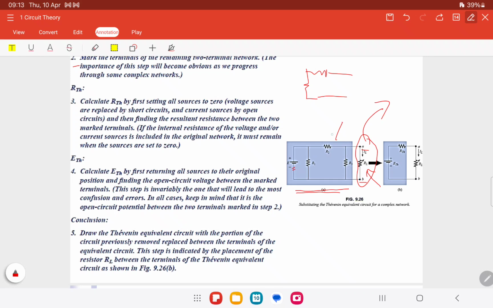All these things in the blue box, this is what we need to simplify. So step number 1, consider open circuit at the node. How to make it open circuit? It means we must remove the element.